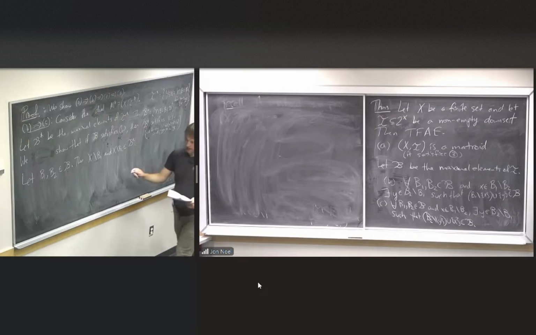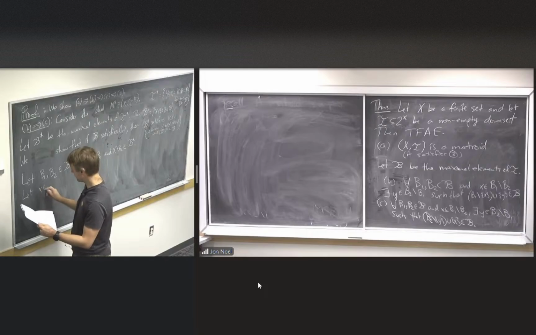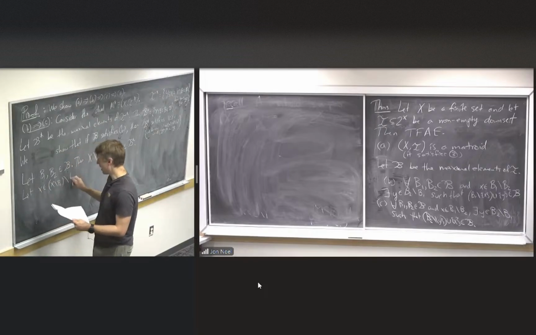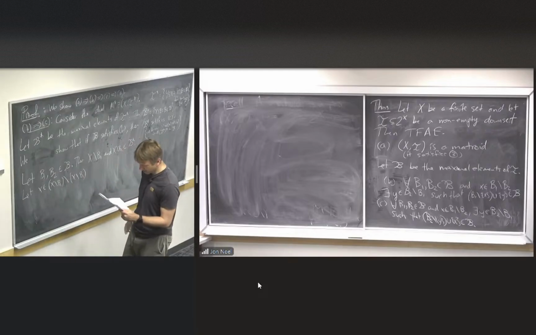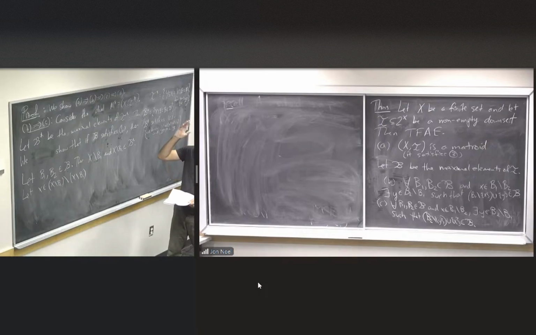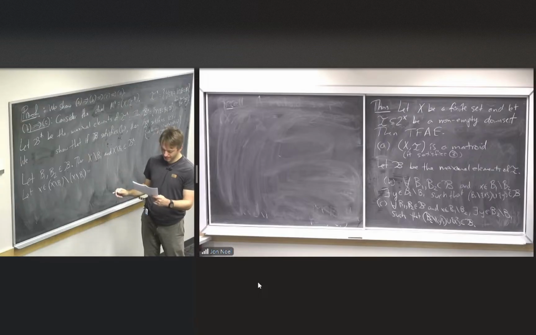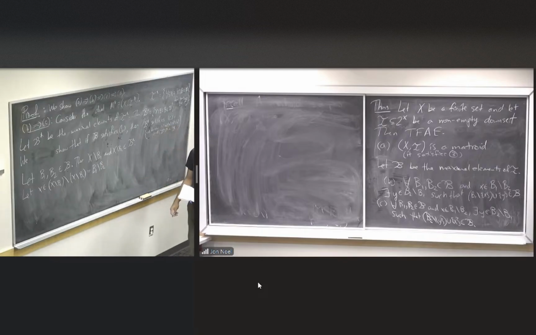Okay. And let's take x to be in X minus B1, take away X minus B2, which, if you draw a Venn diagram and think about it, is the same thing as taking x to be an element of B2 take away B1. Wait, how does this work?